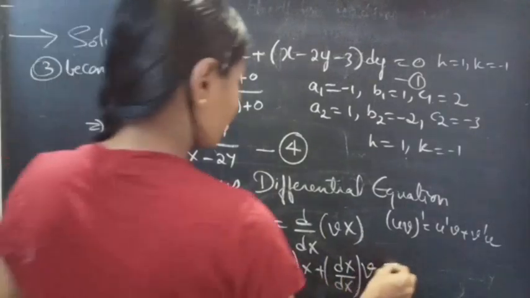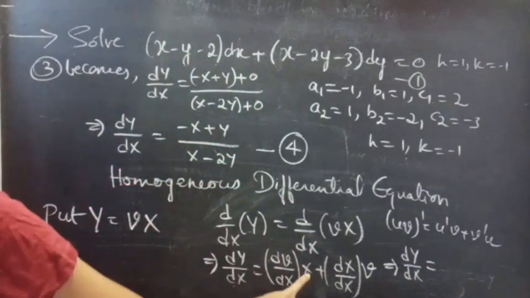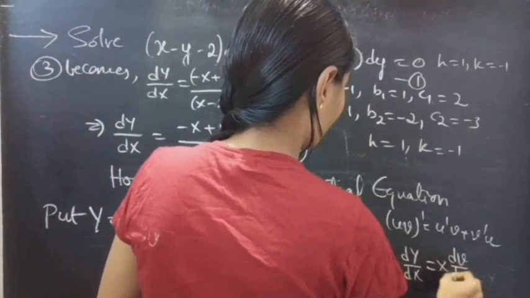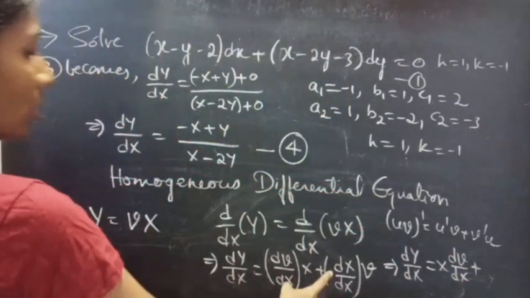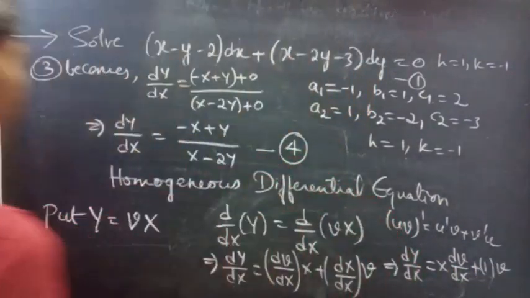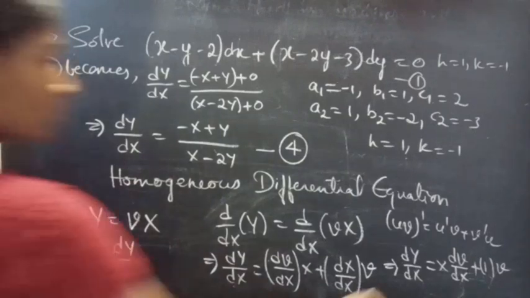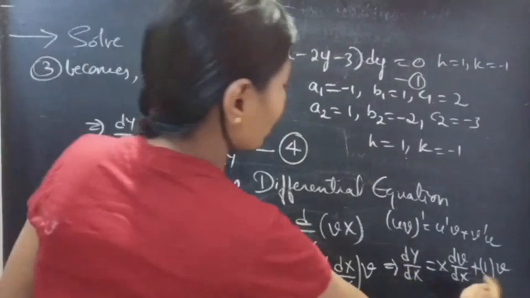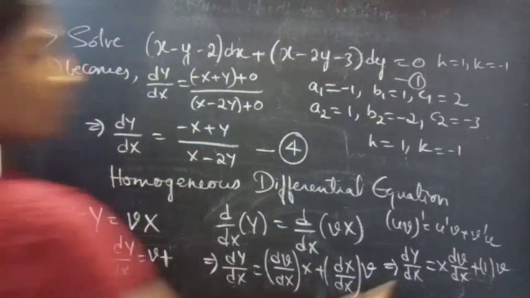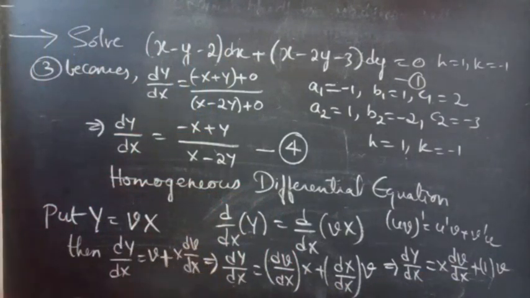Then we'll get dy by dx equals x into dv by dx plus derivative of x with respect to x, which is 1, into v. So from this you'll get dy by dx equals v plus x into dv by dx.